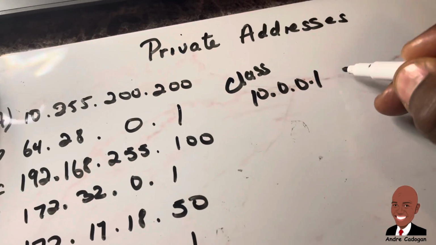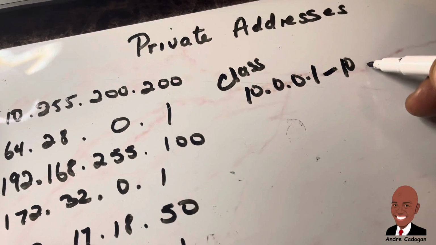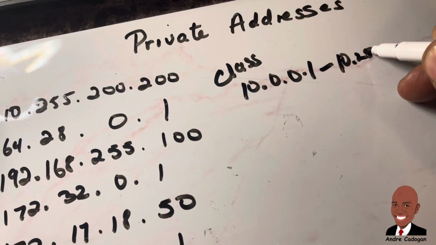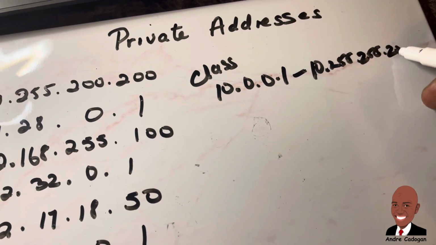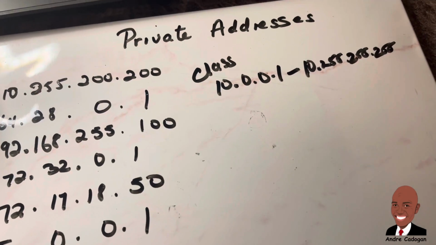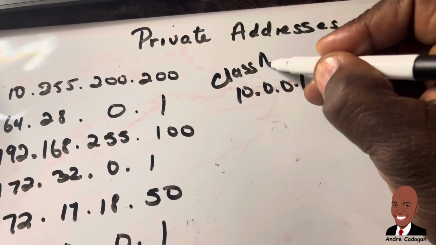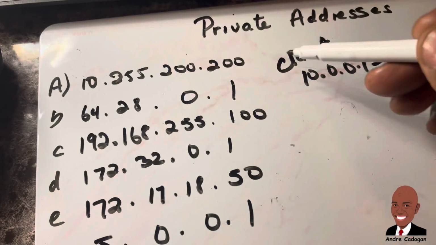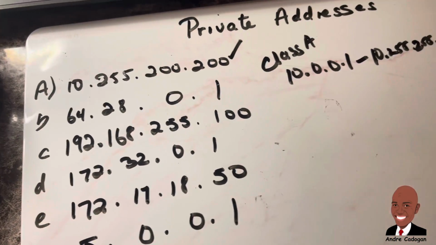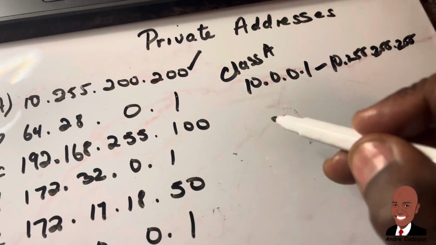10.0.0.1, right, up to 10.255.255.255, which is the Class A range of IP addresses. So far we know that this particular one here is considered a private address.